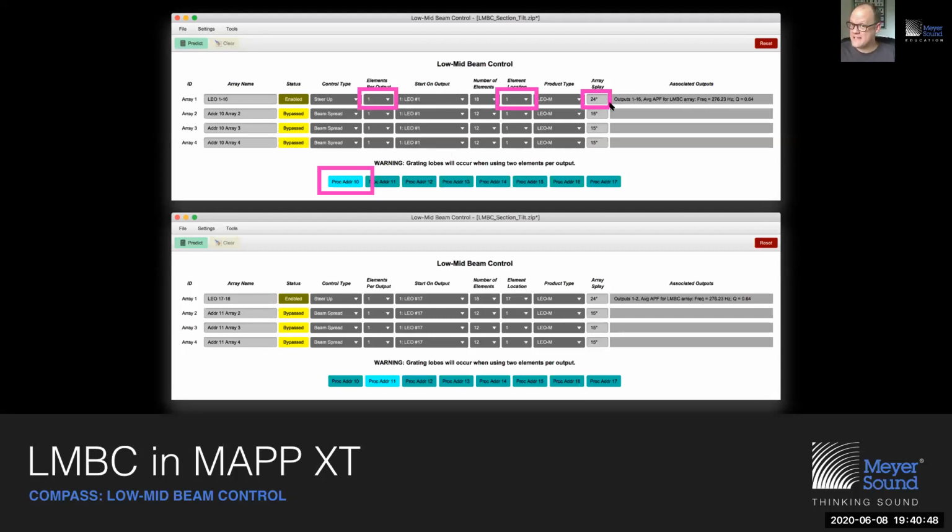Now, what is happening with the remainder 2 Leos? They live on a different galaxy, which lives on address 11. I need to tell Map that it's the same amount of speakers, 18. But the top speaker in the 2 Leos at the bottom is, of course, not number 1 at the top.